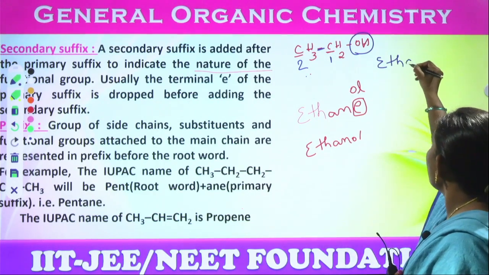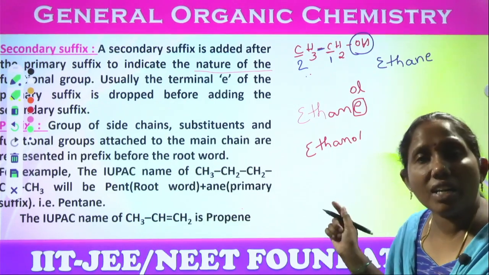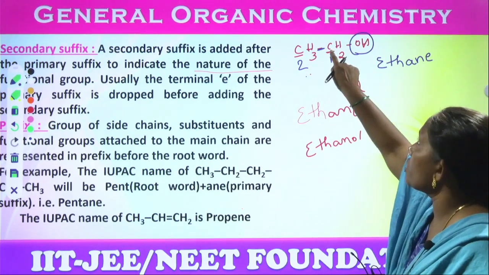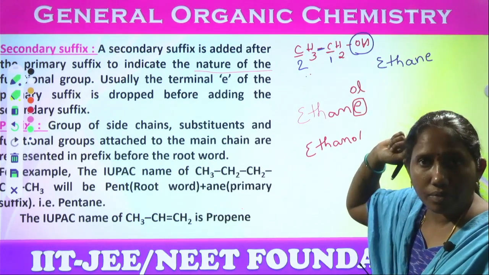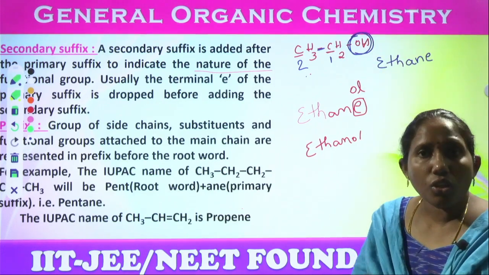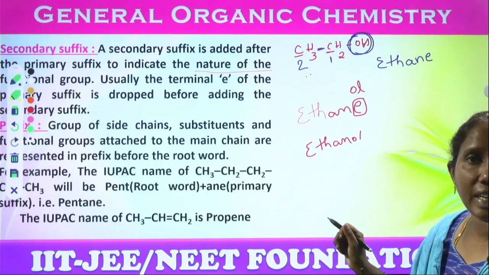So obviously the primary suffix will be ane. So eth, ane. But here one functional group is present. That functional group is attached to the first carbon and that functional group is alcohol. So for alcohol the suffix is ol. This is called secondary suffix.